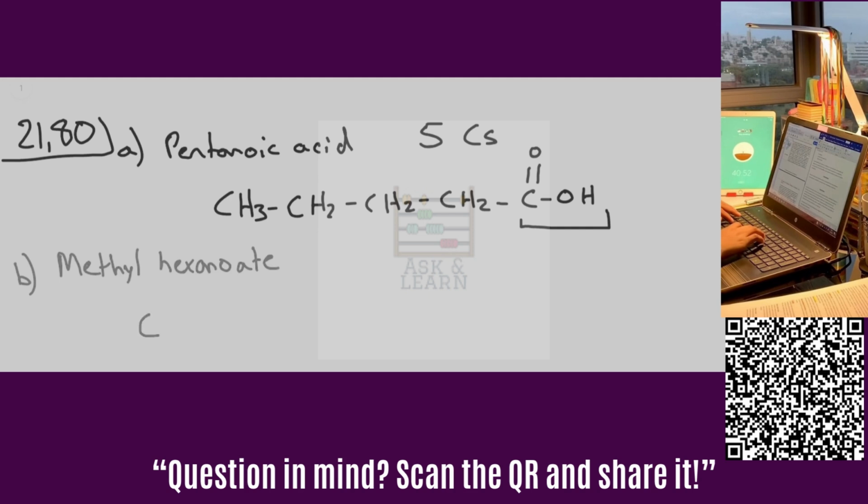So we can draw a 6-membered carbon chain because of this hex here. So that's 5, and then we have 6. We have the carbon that's double bonded to the oxygen, and then single bonded to an oxygen, which is then bonded to our second part, which is the methyl part.